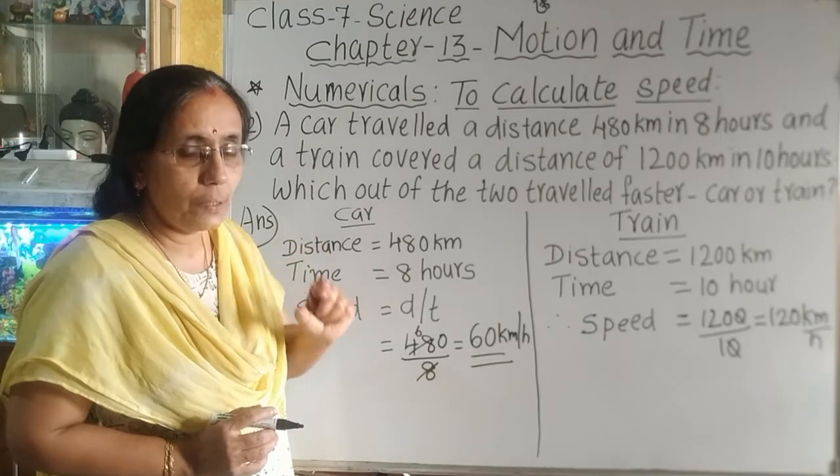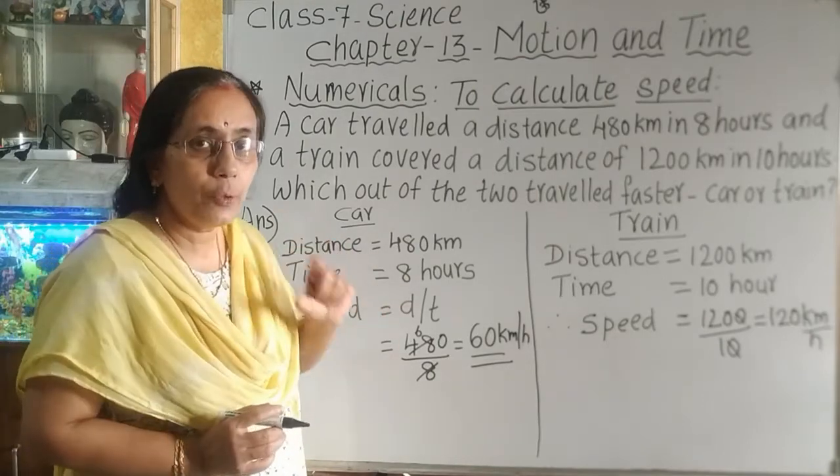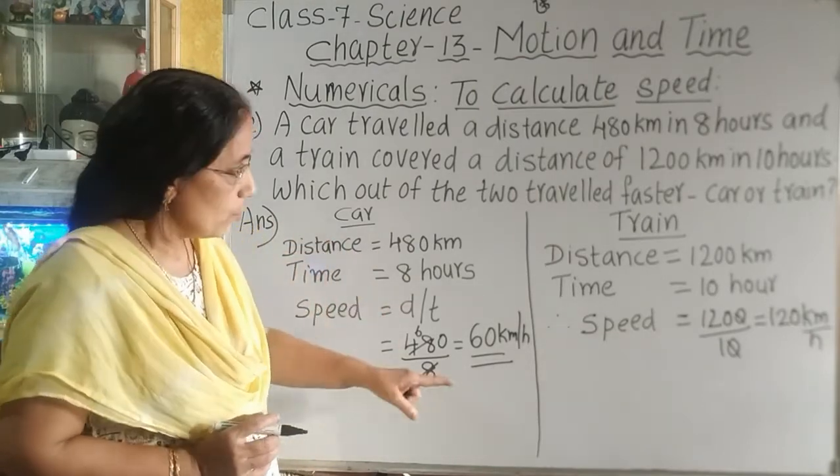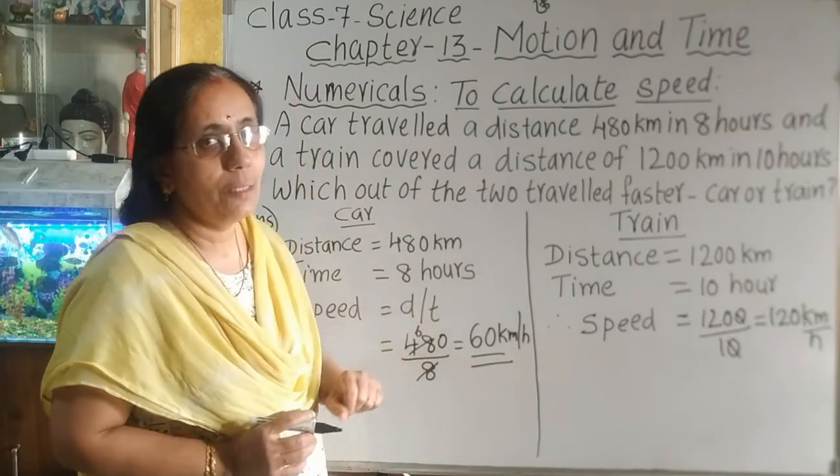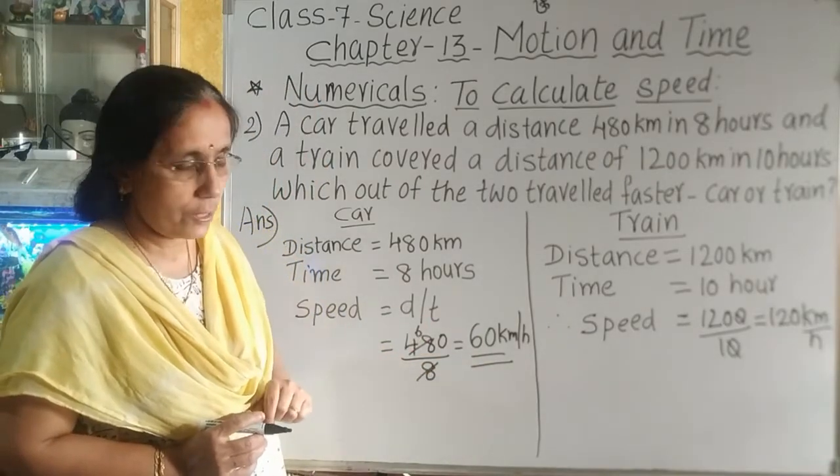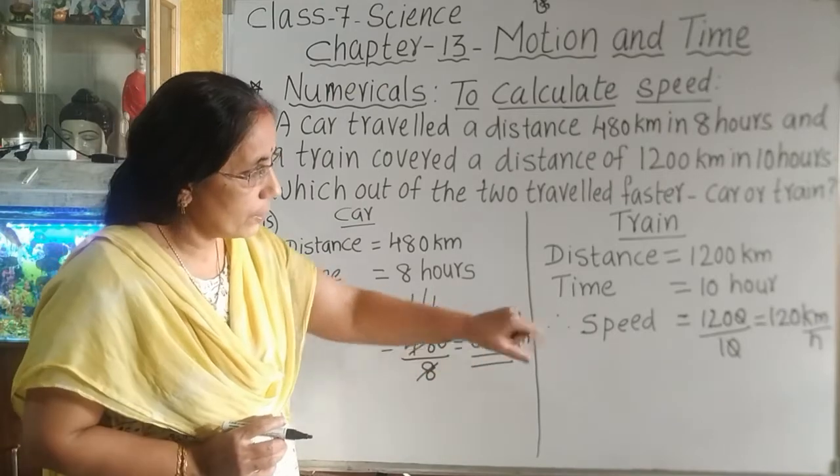Now we have the speed of the car and speed of the train. That means the distance travelled by both the vehicles in 1 hour. So from that we can easily make out which travels faster. So 60 km and 120 km.